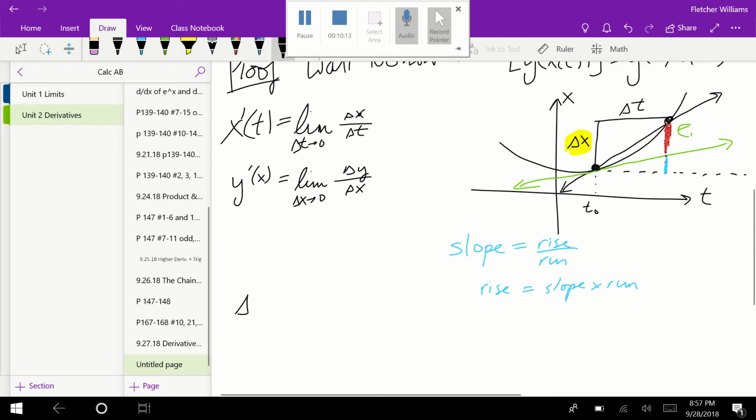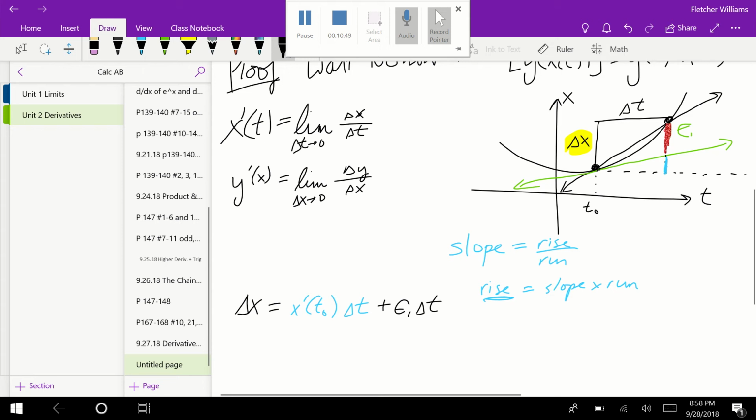So I can say that delta x is partially equal to the blue part, which is, again, the rise, which equals the slope of my tangent line, x prime of t naught, times the run, which is delta t, plus that epsilon 1 also times delta t.